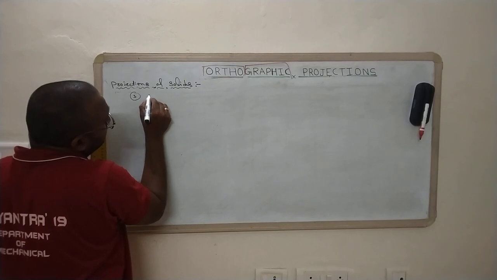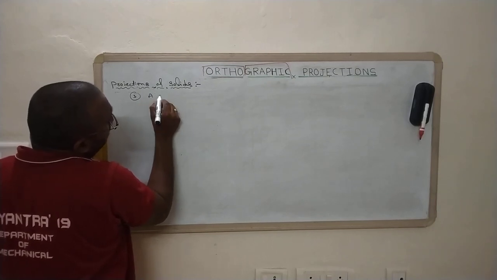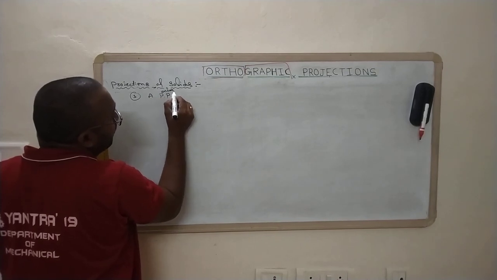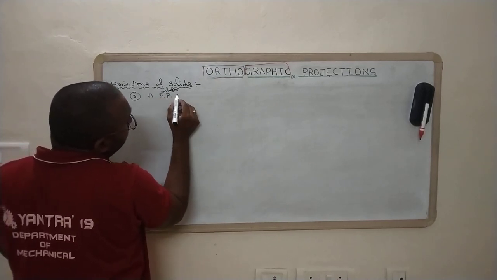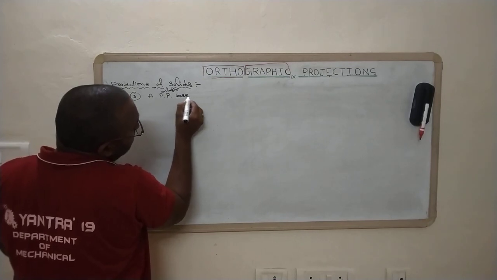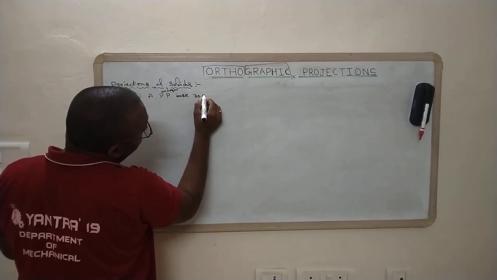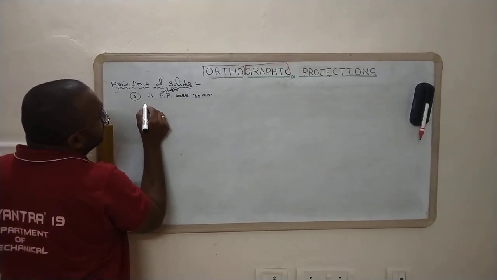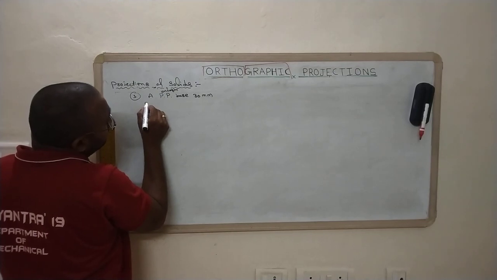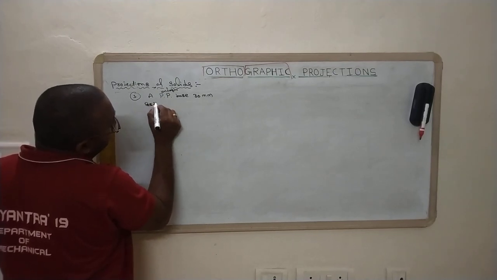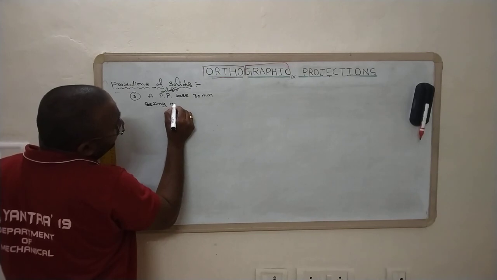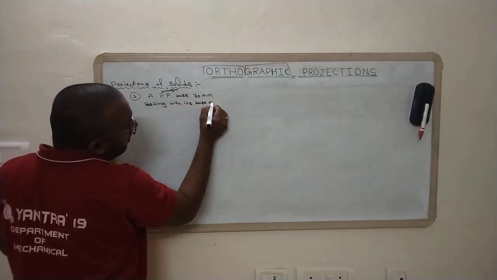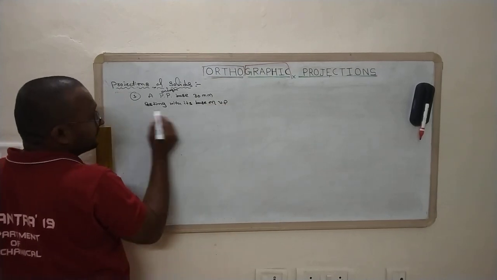Third problem statement: a pentagonal prism of base side 30 mm, resting with its base on VP, right?